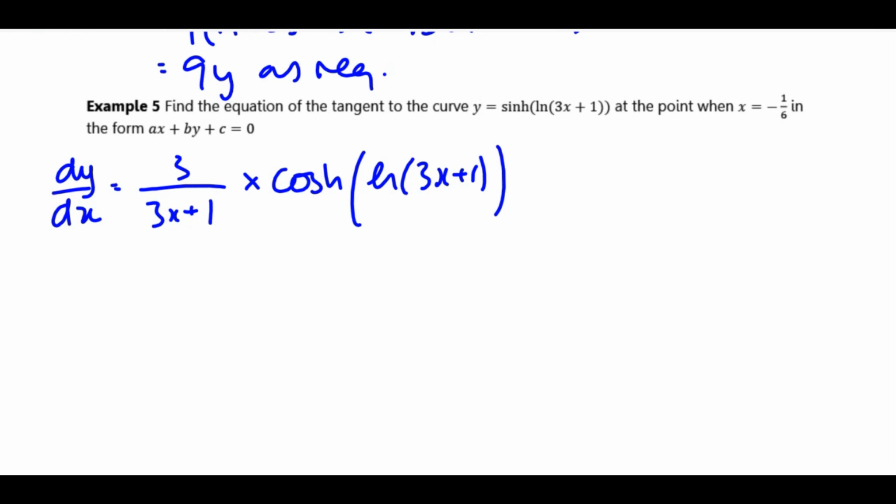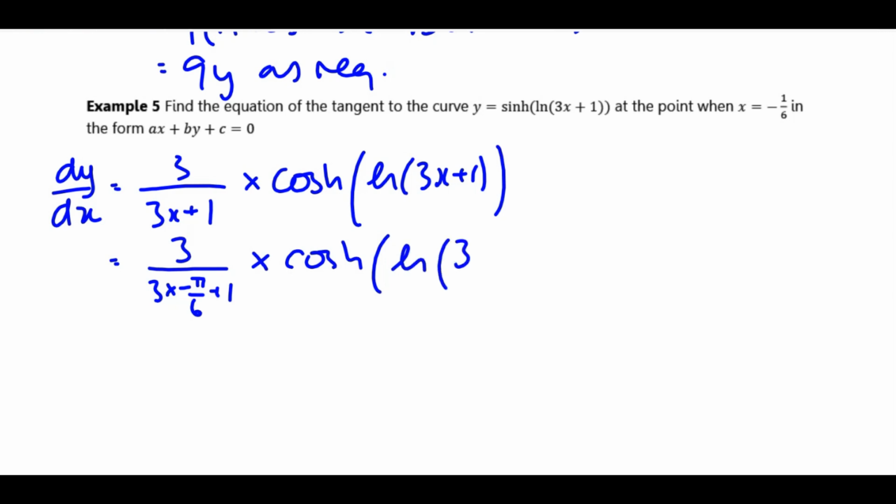I'm putting in x is minus 1/6. So 3 over 3 times minus 1/6 plus 1, times cosh of ln of 3 times minus a sixth plus 1.